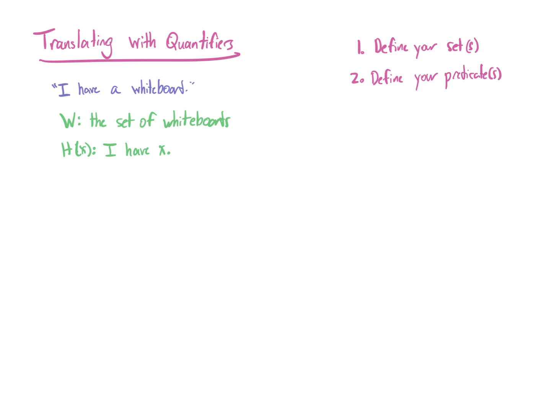It could be any whiteboard. Another helpful trick for logical translation problems is to try to translate this into language that sounds a little more like the language of there exists and for all. When I say I have a whiteboard, I'm not saying any specific whiteboard.